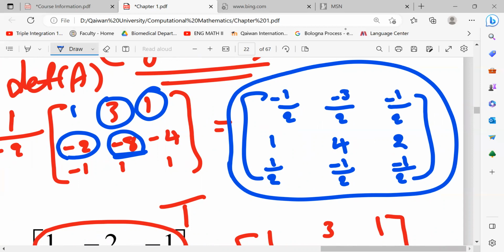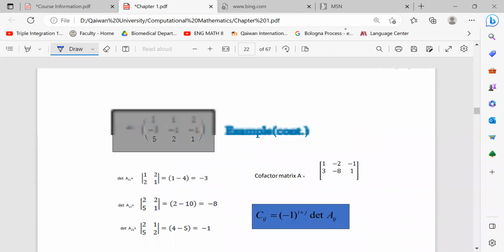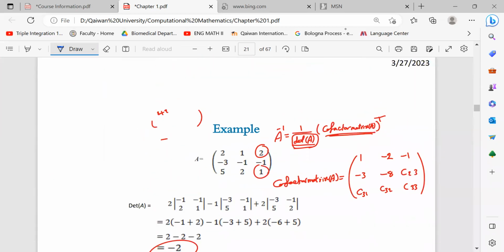Okay, it takes time, but it's easy. Finding the cofactor matrix takes time, but it's easy. If you just know how to find only one element, all the others are the same. Even if you only know C11, you also know how to find C12, C13, C22, and all the others.